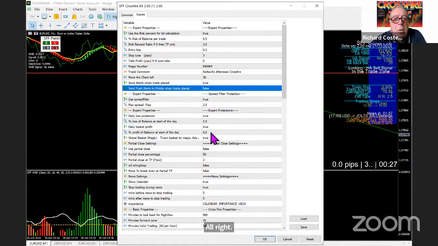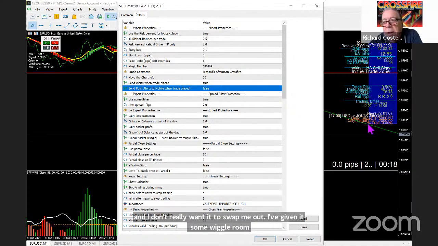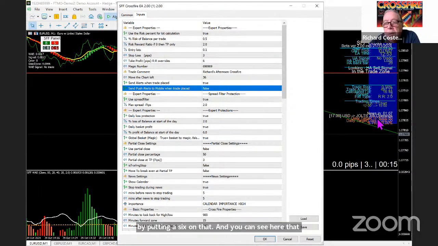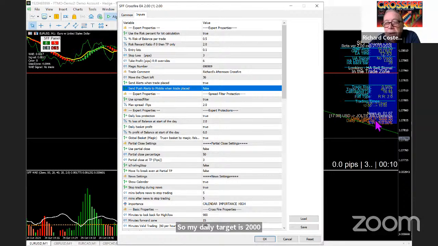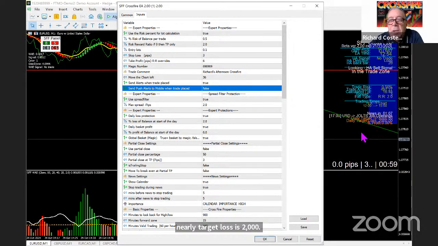It might go to 1.1%, and I don't really want it to stop me out. I've given it some wriggle room by putting a 6 on there, and you can see here that say my daily target is $2,000. My daily target loss is 6,000. So daily target take profit is 6,000. Daily target loss is 2,000. And at the minute I'm running on 0%. I haven't taken any trades yet.